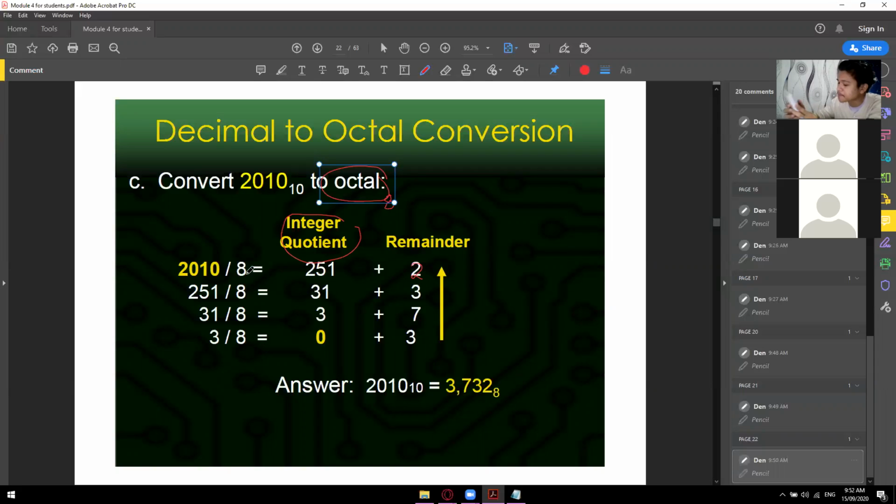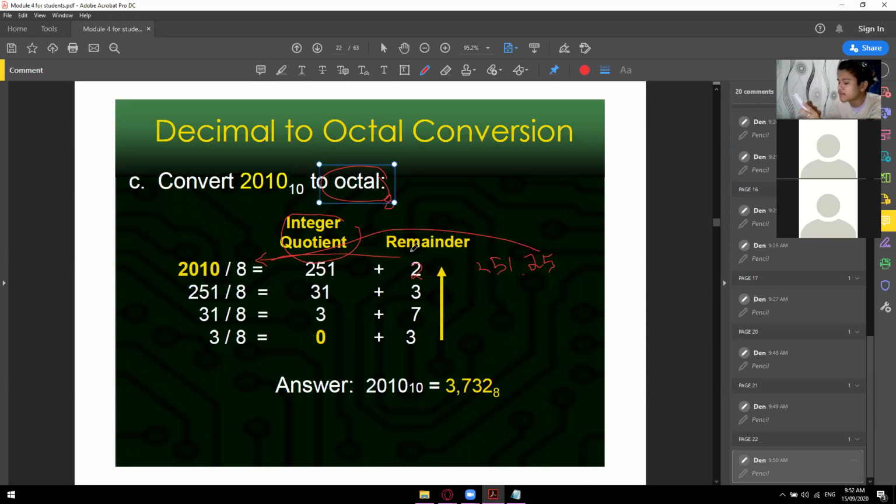So, 251 divided by 8, then you will get 31.375. So take note, integer quotient, take only the whole number which is 31 and disregard the 0.375. You can also use what we got earlier: 2010 divided by 8 was 251.25, so you can multiply the 0.25 by 8 to get the remainder.